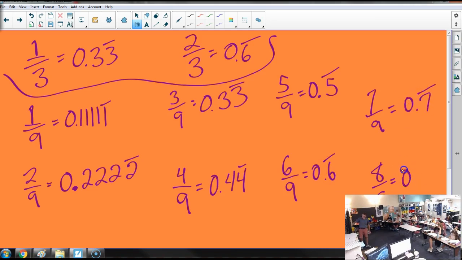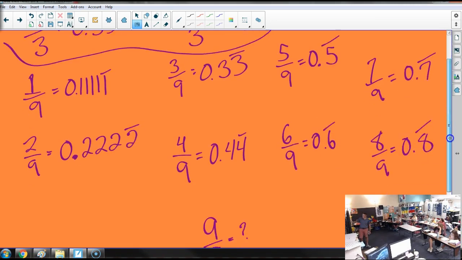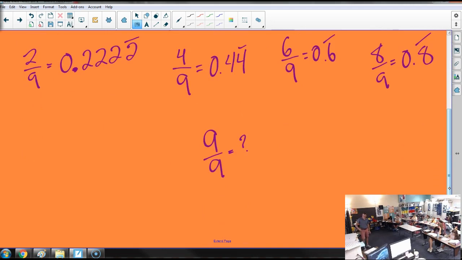Yeah, and you can check these in your calculator. 0.8 repeating. So, no, wait. 1. But guys, we had a pattern. Right? We said we saw a pattern. Wouldn't this be 0.9 repeating? It would. It's not. So I'm going to put a question mark in here.